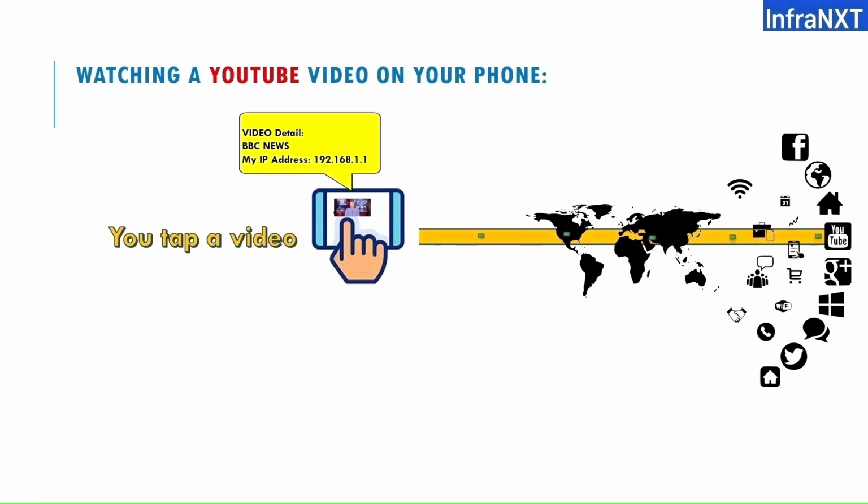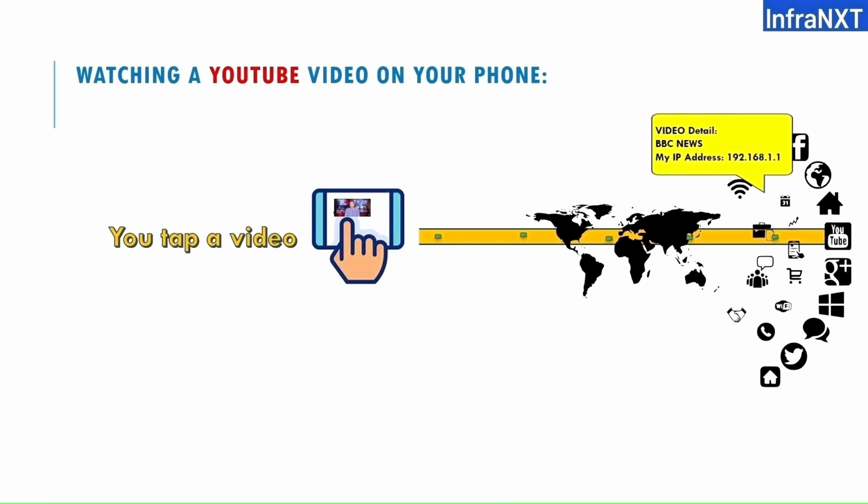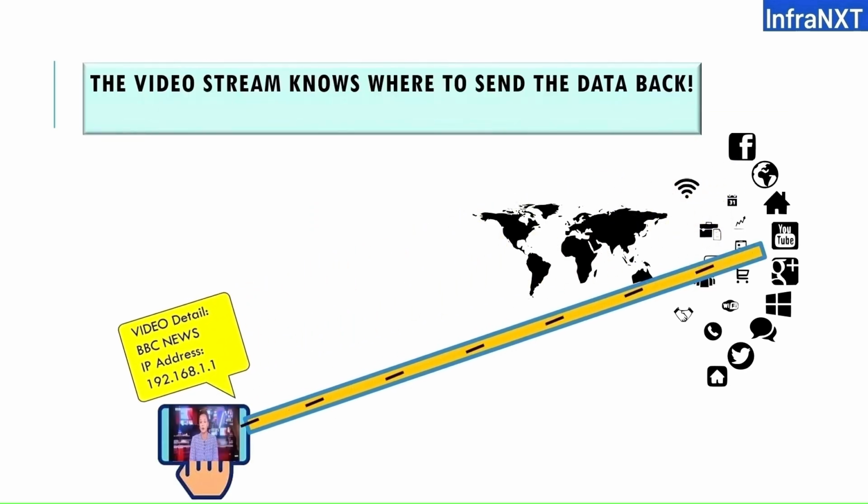Your phone has an IP address 192.168.1.1 and it is connected to the internet. It's like your phone provided its own IP address details to the internet and in return it is asking for a BBC News stream. In return, a BBC News stream comes to your phone and you watch that video.